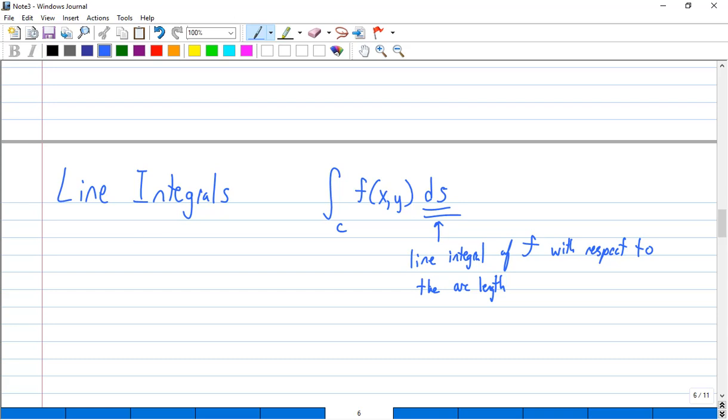So if you think about arc length, ds is kind of like the differential of the arc length in a way. ds is equal to the square root of dx dt squared plus dy dt squared, dt.